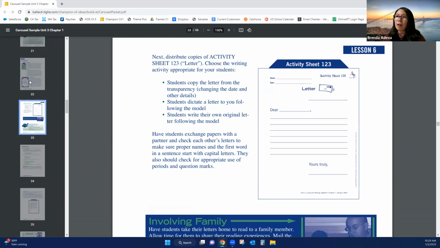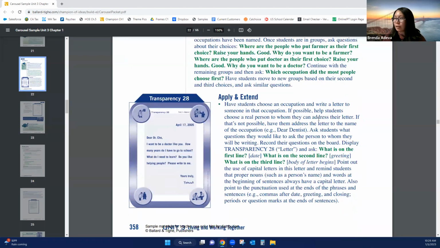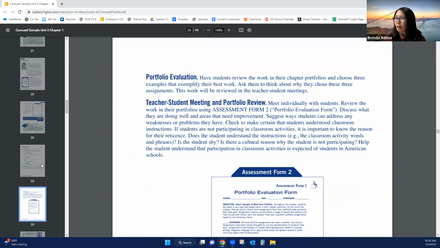And lastly, all of our chapters end in writing. So here you're going to see they're going to be writing to a person of a specific occupation. The lower levels just work on sentence level, phrase level, but the level 2s and 3s definitely can write. The level 3s generally need to add a lot more to their writing and a little bit better grammatical structure.